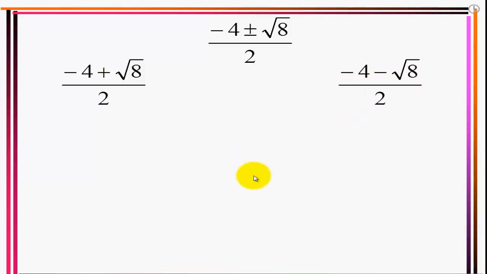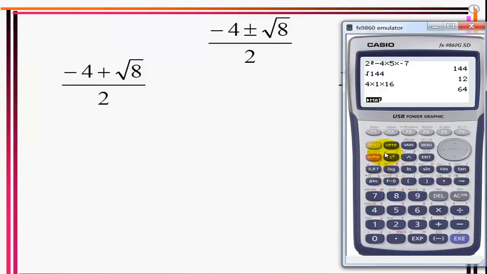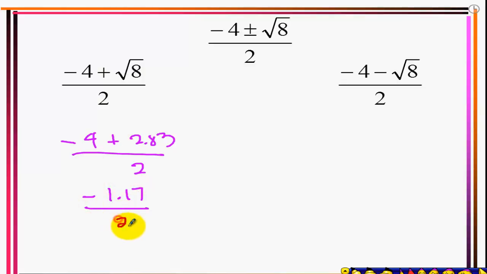Now, when you simplify, square root of 8 is equal to 2.83. Negative 4 plus 2.83 divided by 2, and then when you add negative 4 and 2.83, we are going to get negative 1.17 divided by 2.